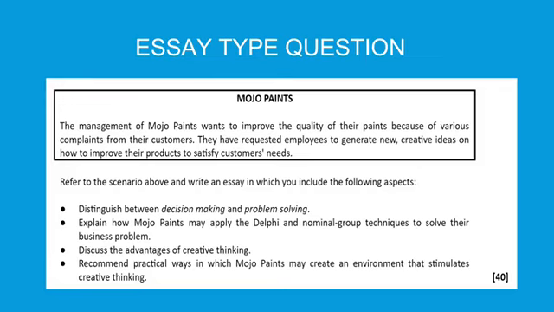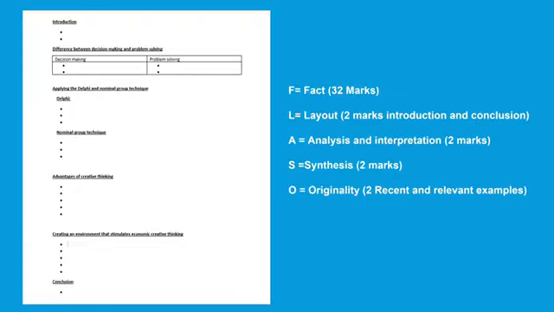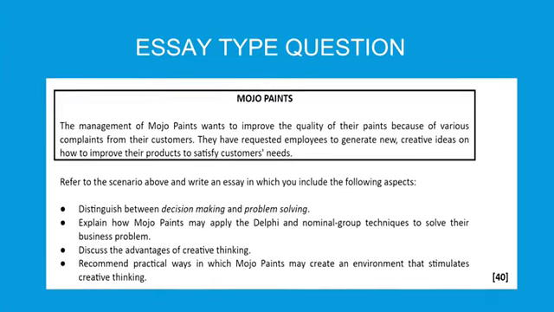Just to show you the format of how you should be writing your essay, you have your introduction, which has 2 bullet points attached to it. Your introduction as well as your conclusion cannot contain any information that is in that statement that's been given there in the table.